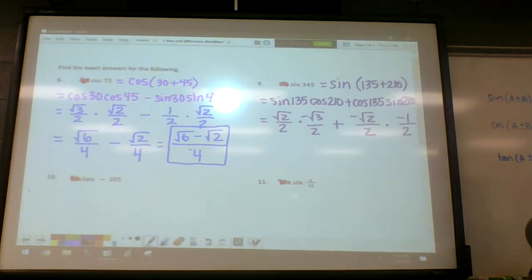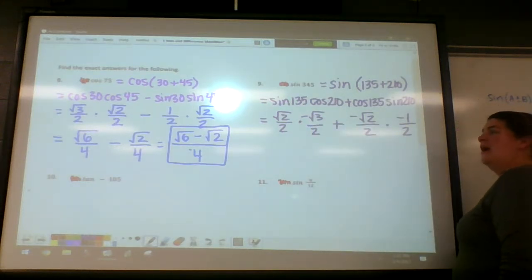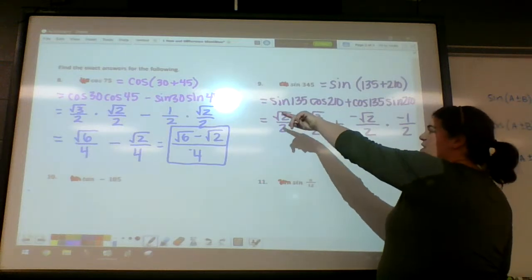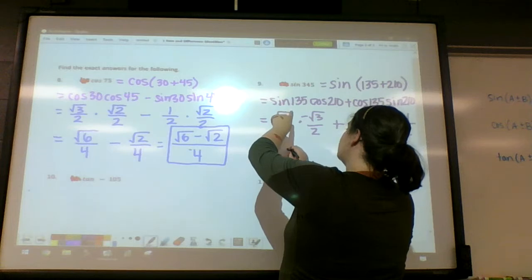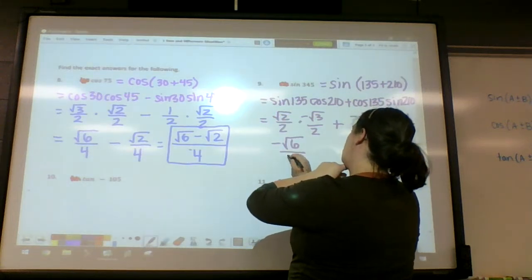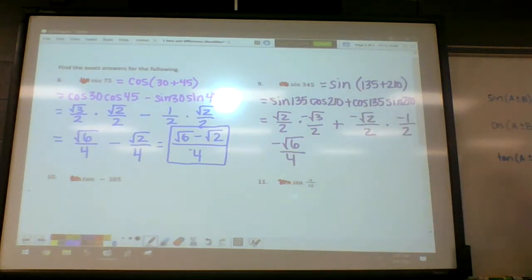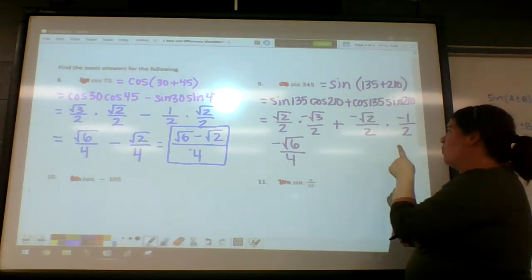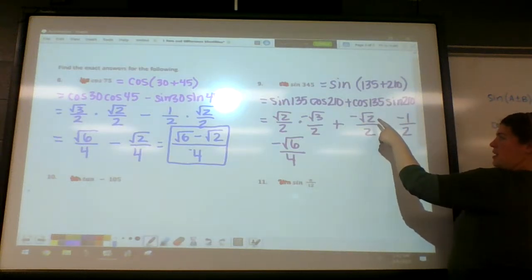So square root of 2 over 2 times a negative square root of 3 over 2. In the numerator, when you multiply those together, what do you get in the numerator? Yep. Negative square root of 6 over 4. Over 4, right? 2 times 2 is 4. And then when we multiply the second set, what are we going to get in the numerators?